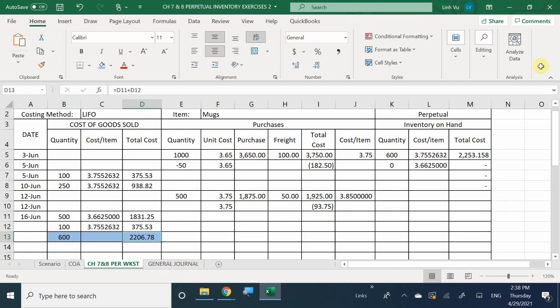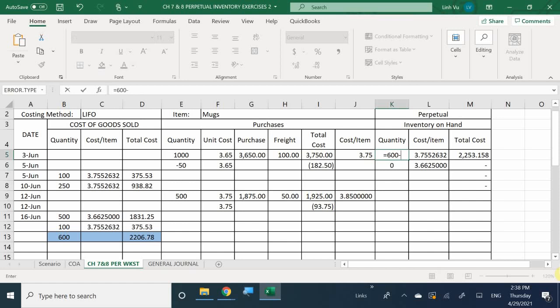Let me see, if I have 600 units right now and I sold another 100, how much should I have left? 500. And there I am at 1877.63, which should be 62 since it wasn't a 10. 5 minus 3 should be 2.